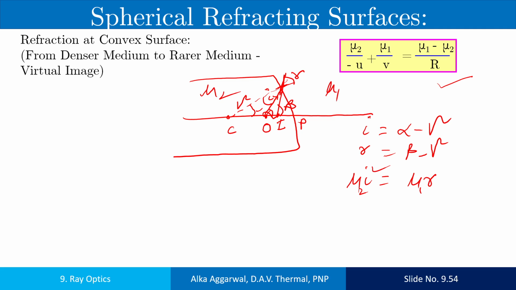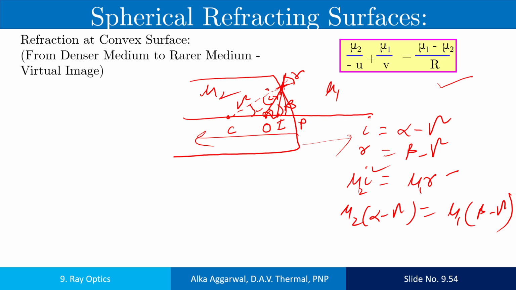Put the value of I and R, it becomes mu2 (alpha minus gamma) equals mu1 (beta minus gamma). Now replace alpha, beta and gamma by tan alpha, tan beta and tan gamma. Put the values by dropping a perpendicular here and solve it. Sign convention remains: all distances measured in this direction are taken negative, distances measured in this direction are taken positive.